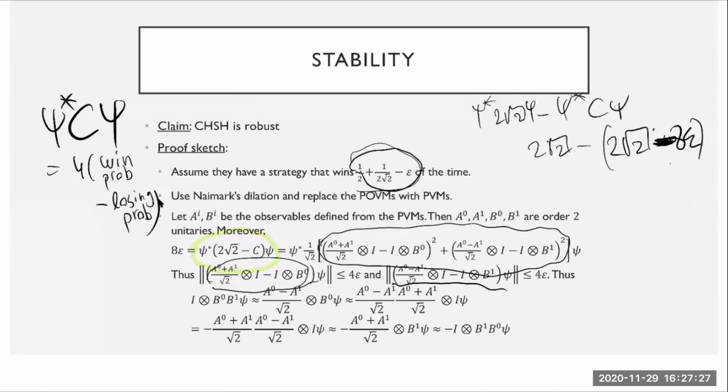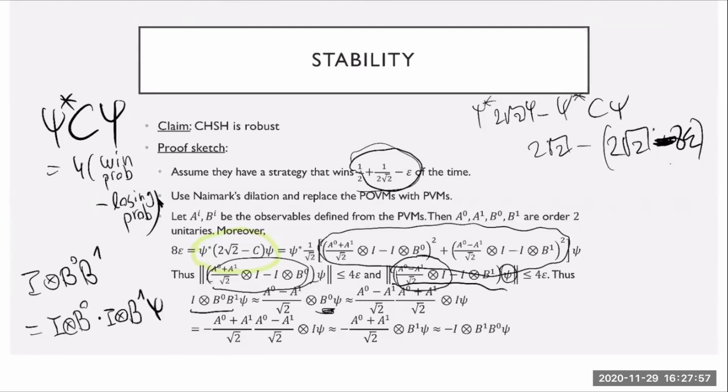Notice that if you act with I tensor B0, B1 on psi, it's almost the same thing as acting with A0 minus A1I on psi, tensor B0 acting on psi. So I think of I tensor B0, B1 just as I tensor B0 times I tensor B1.